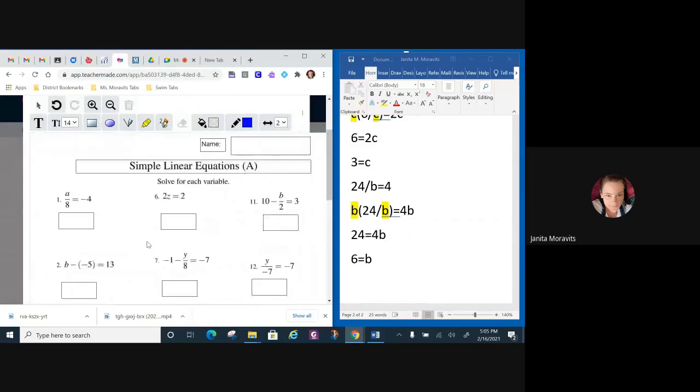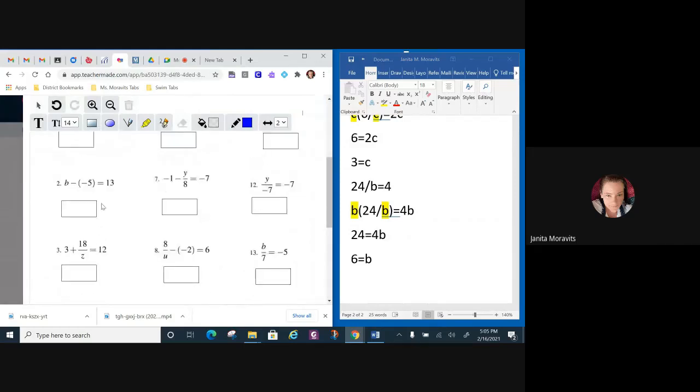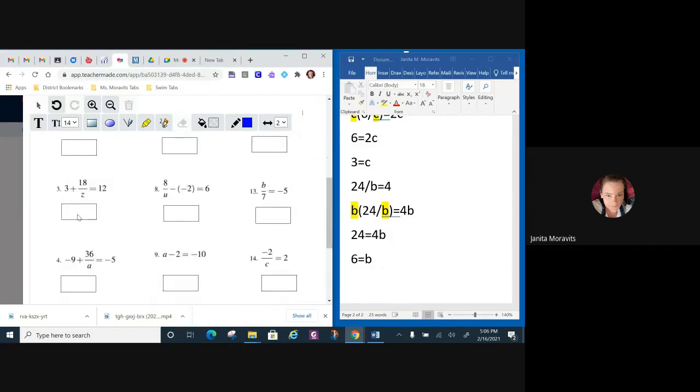All right, equation 6 is pretty much the same as what you've already seen. So you're going to have to work through these. Remember, if you have a minus and negative, that becomes a plus. So you would have b plus 5 equals 13. Well, if you added 5, you subtract 5. So b equals whatever 13 minus 5 is. So b equals 8. These other problems work the same as what you've already seen.